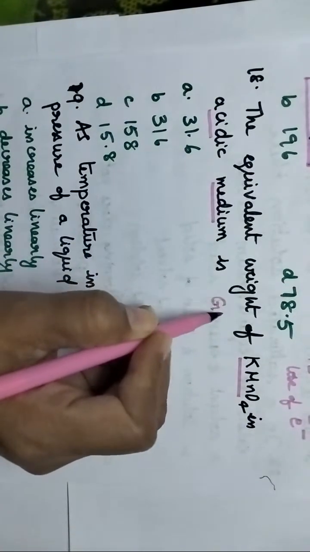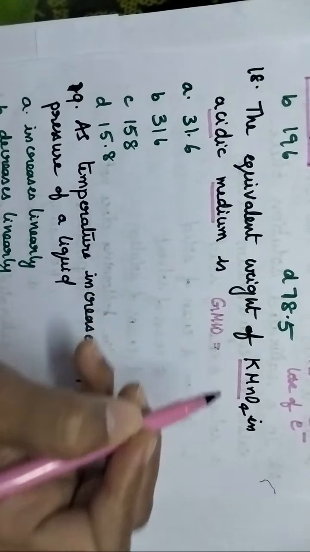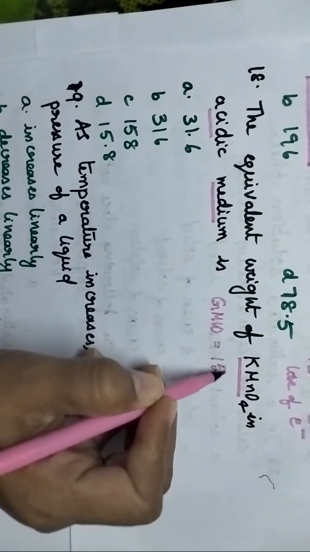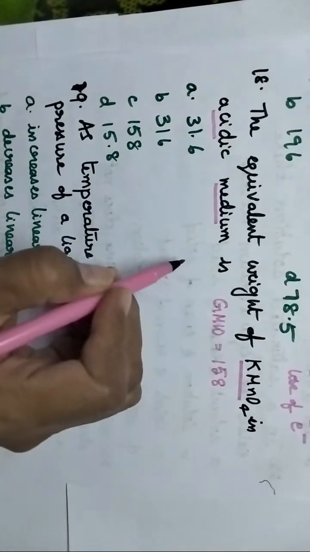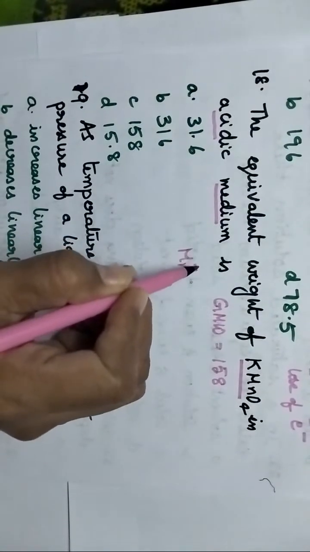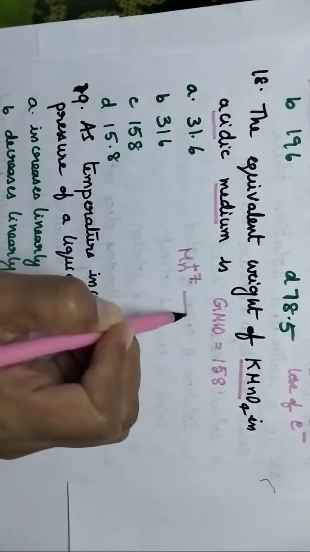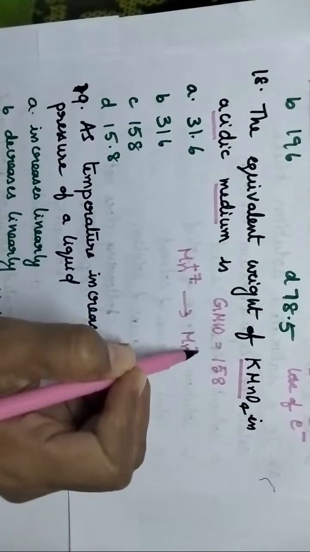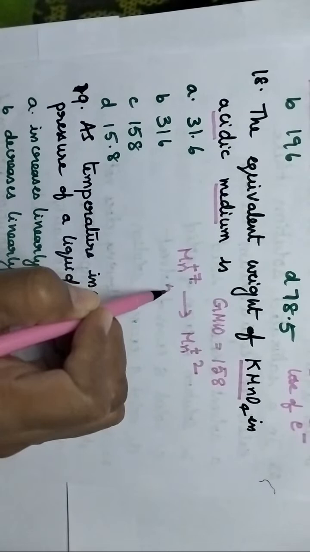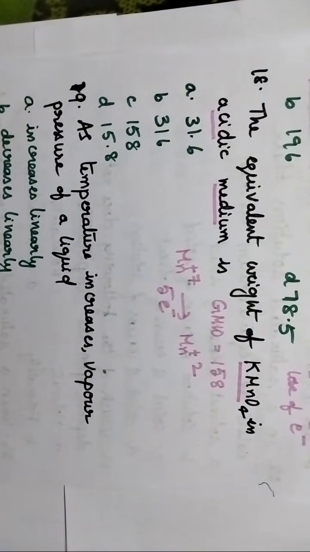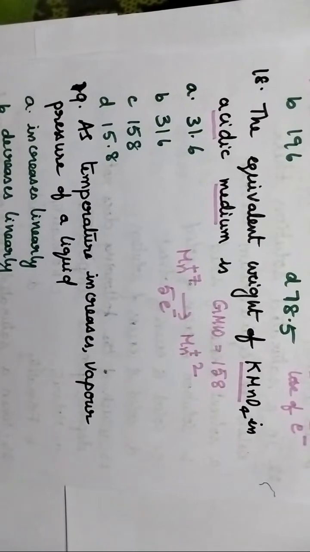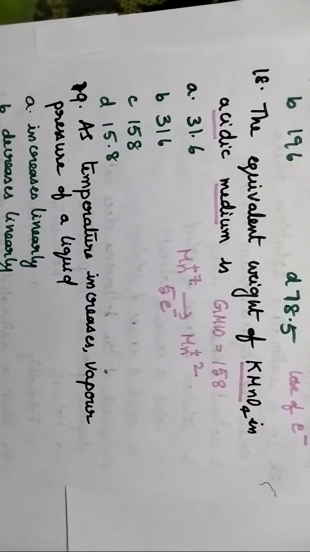The gram molecular weight of KMnO4 is 158, and in the acidic medium Mn+7 is converted into Mn+2. So how many electrons are gained? 5 electrons. Now you calculate the equivalent weight. Everything is available. You just do the calculation.